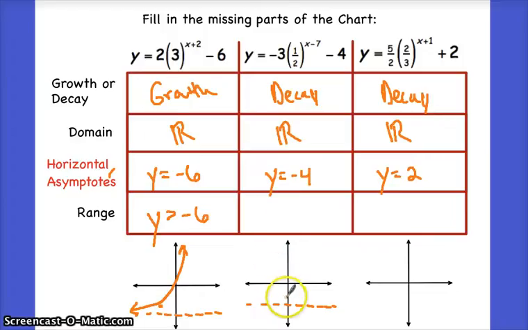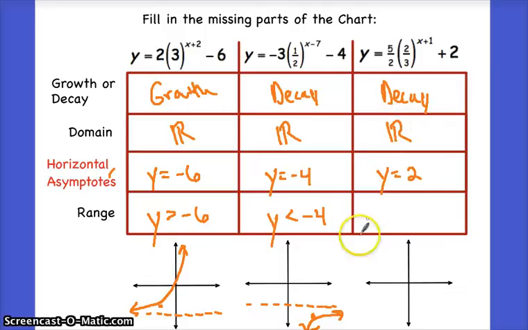But now we're also shifted down 4 units and right 7 units. So we're going to be over in this area. And your function, if you found some more points, is going to still be decay. So I'm going to still work my way toward the asymptote, going up that direction. But that means that my range is below, y is less than -4.